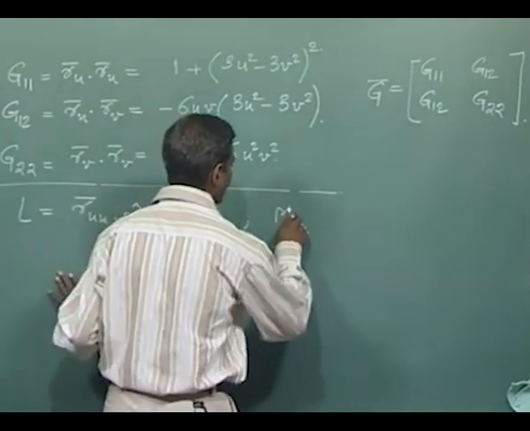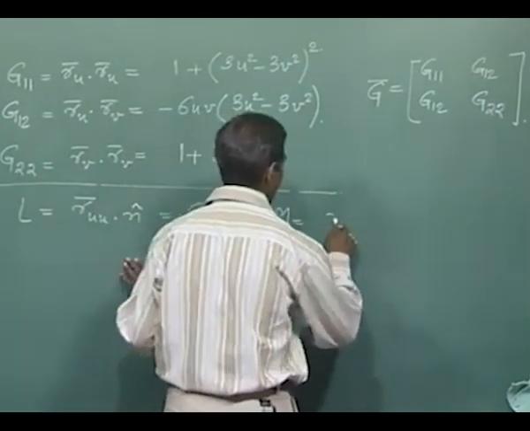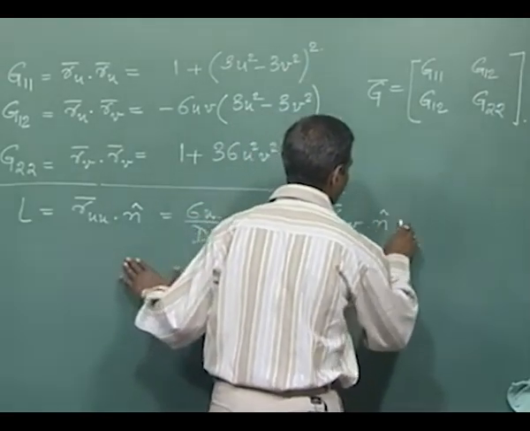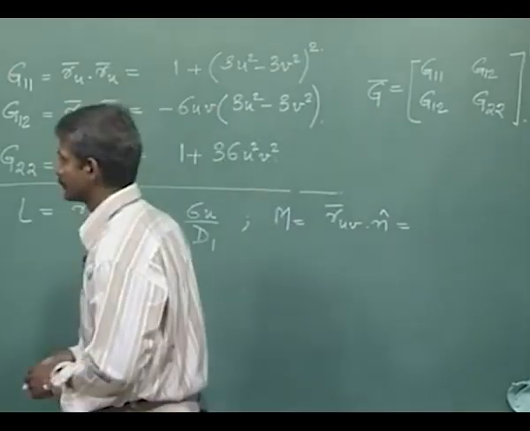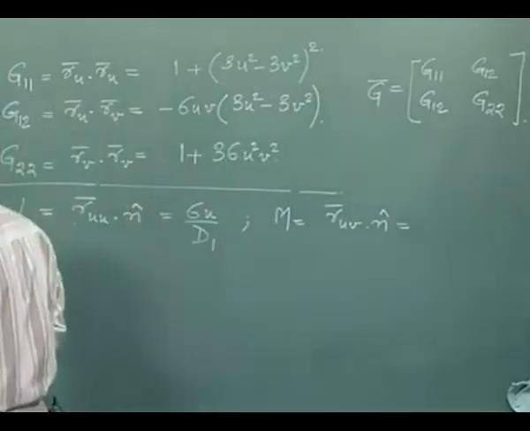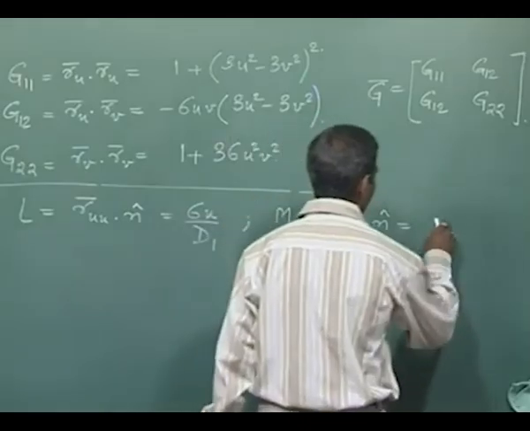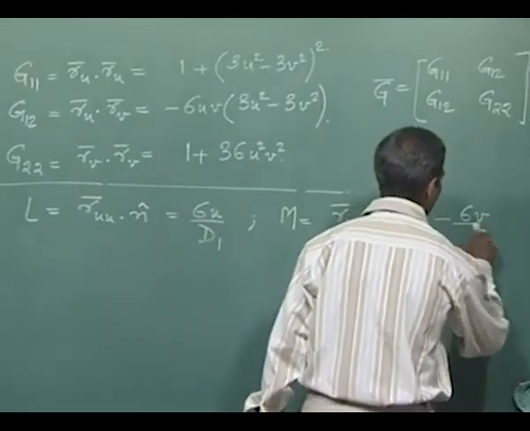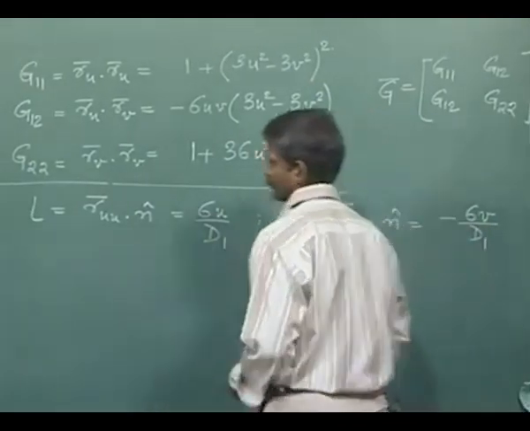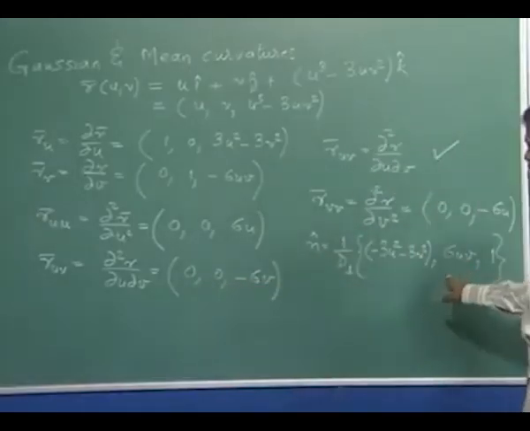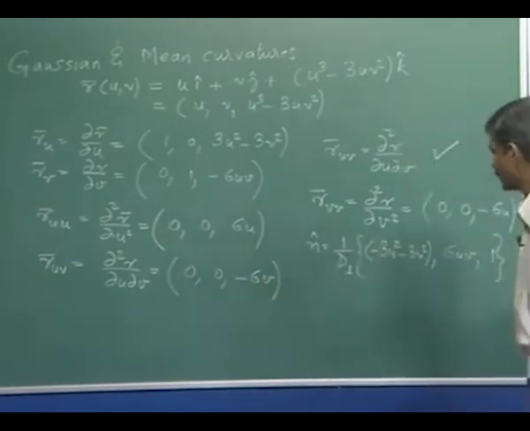The second element M is given as Ruv dotted with N. This is equal to minus 6v over D1. This dotted with 0 plus this dotted with 0 plus this dotted with minus 6v.